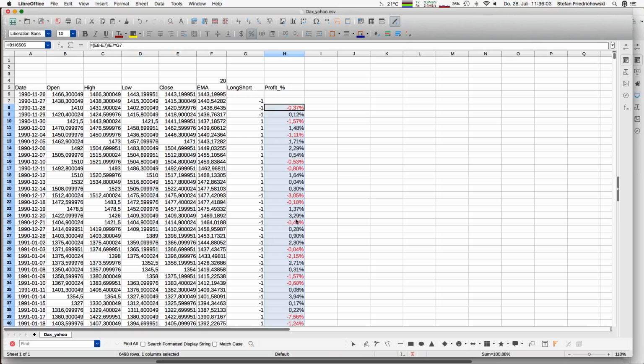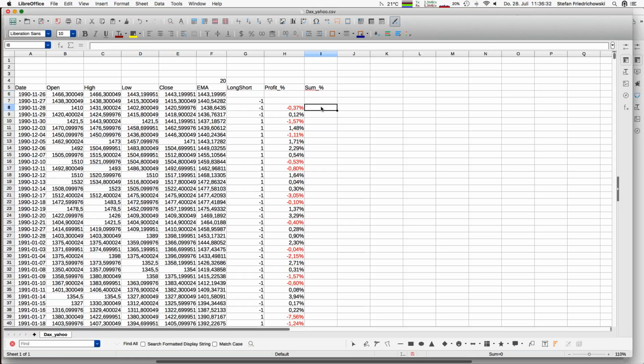We can do the same exercise for all the other days as well, and we automatically have the right calculation between long and short. We always look at the difference between close to close and multiply it with the sign of our investment, so to speak. And then we can simply add all those values up.